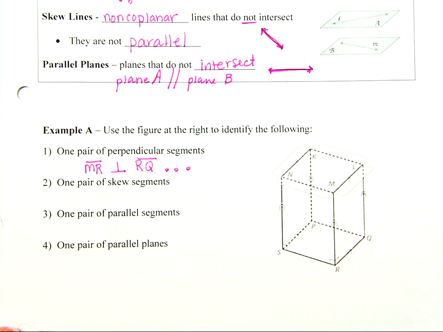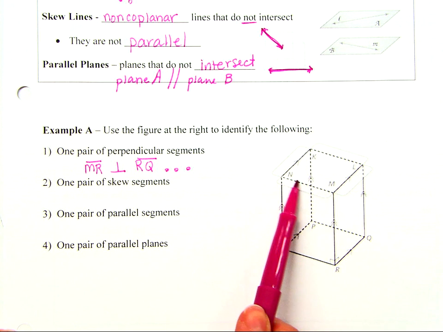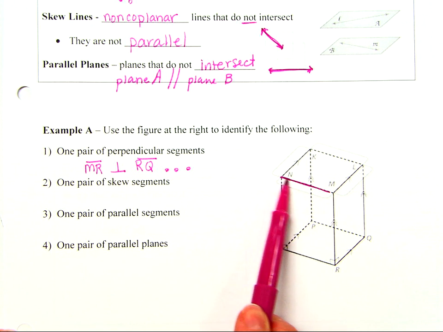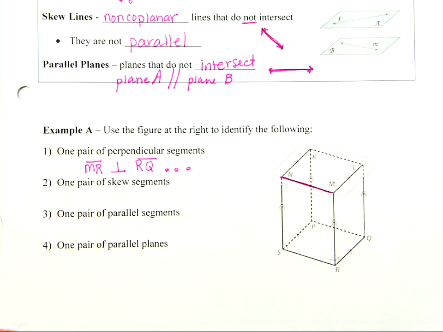How about a pair of skew segments? Well, we know that our skew segments are going to not intersect, but they are also going to be non-coplanar. If I'm looking at the segment NF up here at the top, could you think about what segment would be skew with NF?